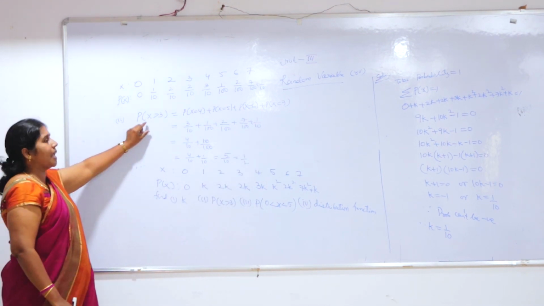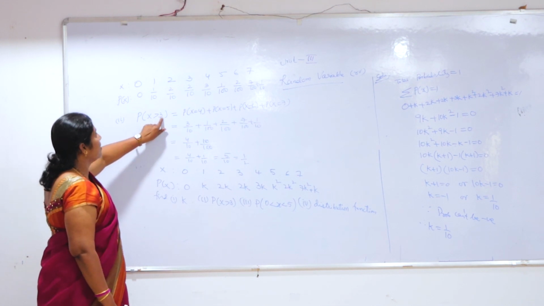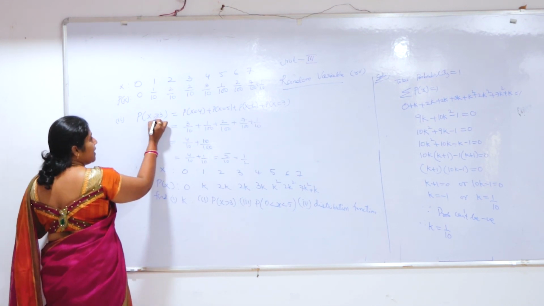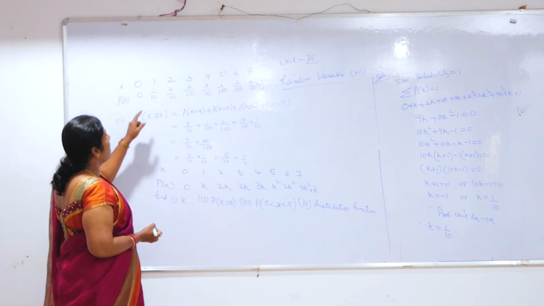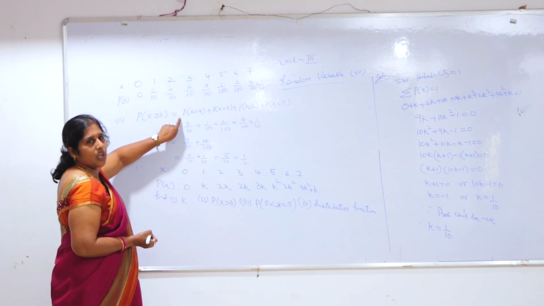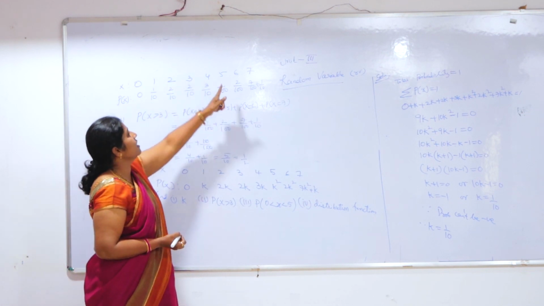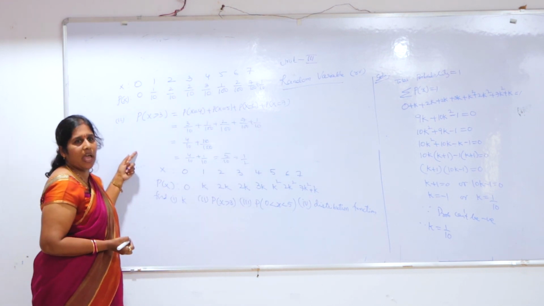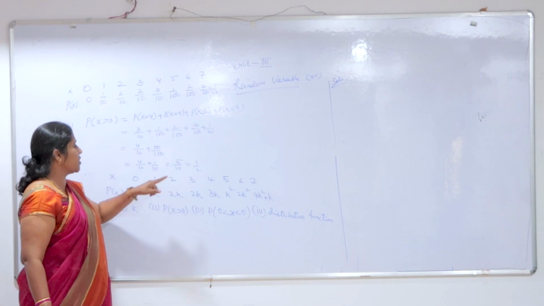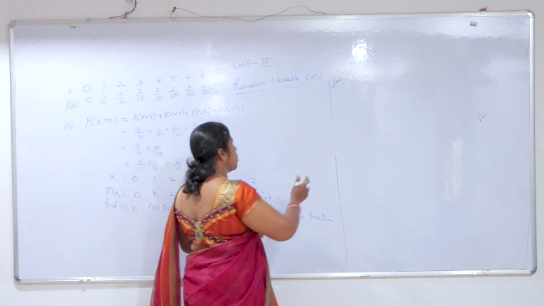So this is how we have to calculate probability of x greater than 3. Suppose you have greater than or equal to 3, then you have to include the number 3 also. But it is strictly greater than 3, so greater than 3 means 4, 5, 6, 7 values you need to add up. And it is 1 by 2. Now the third bit we are going to do.